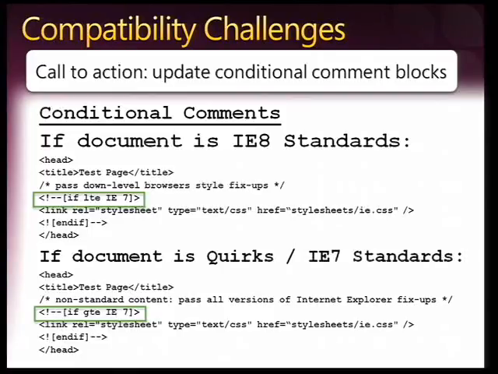And the version vector is actually getting revved to 8 with Internet Explorer 8. So again, you need to make sure that Internet Explorer 8 is accounted for in your conditional comments, and you should make sure that your logic is correct in the sense that you're handing Internet Explorer 8 the intended doc type.